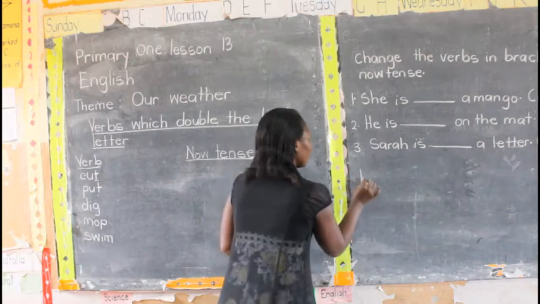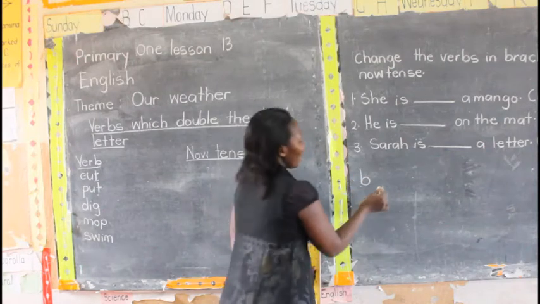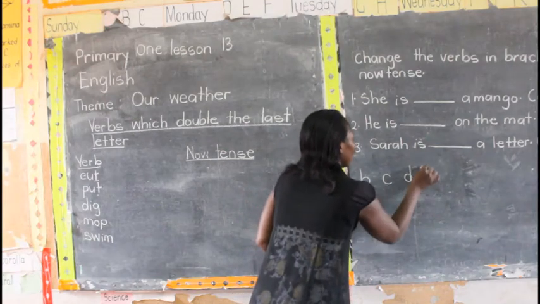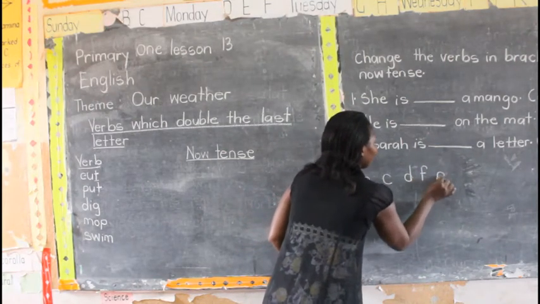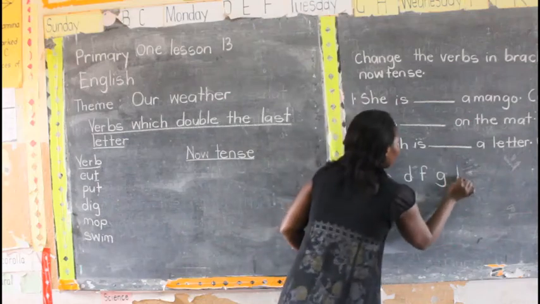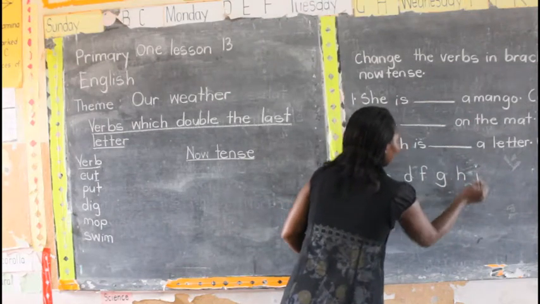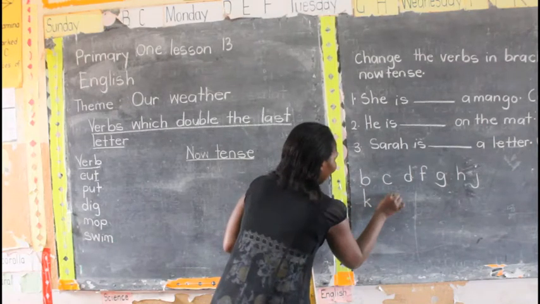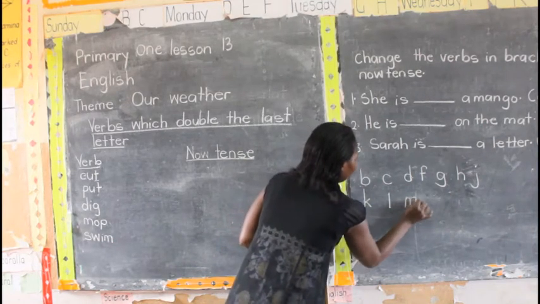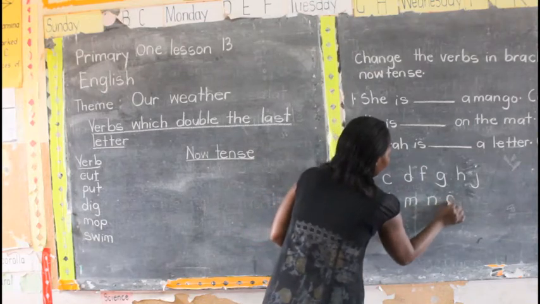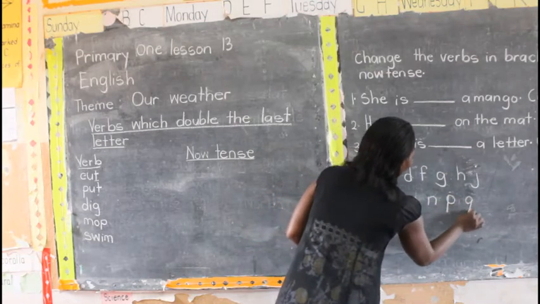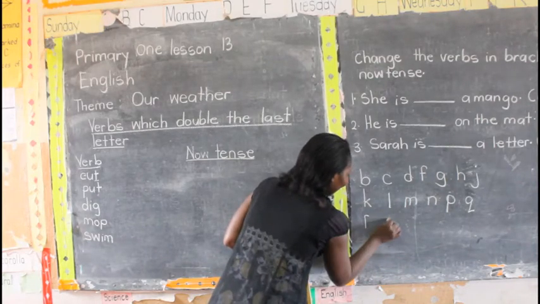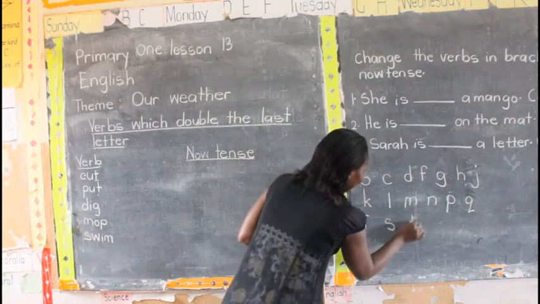We have B, C, D, F, G, H, J, are we together? K, L, M, N, P, Q. Yes, we have R, S, T.